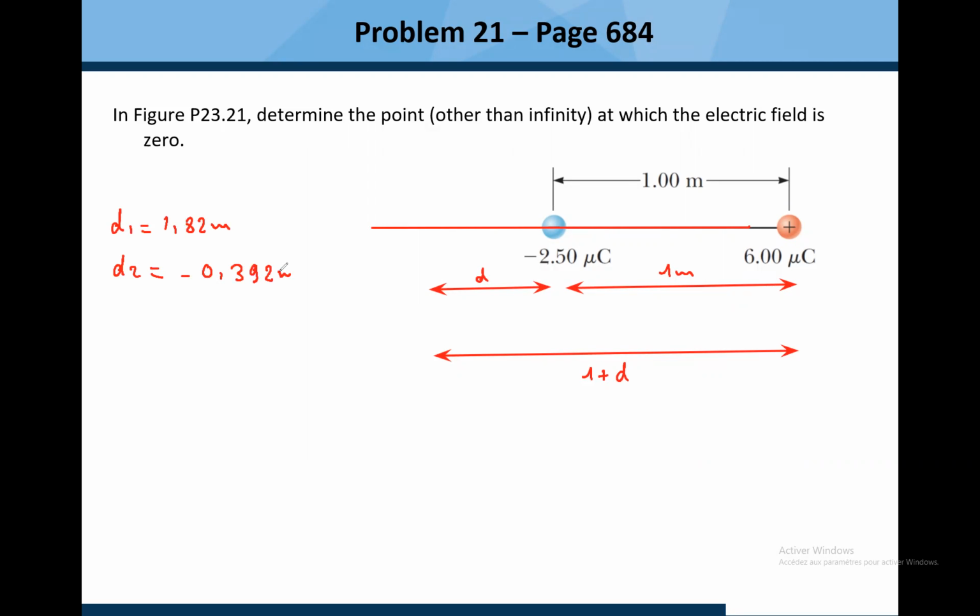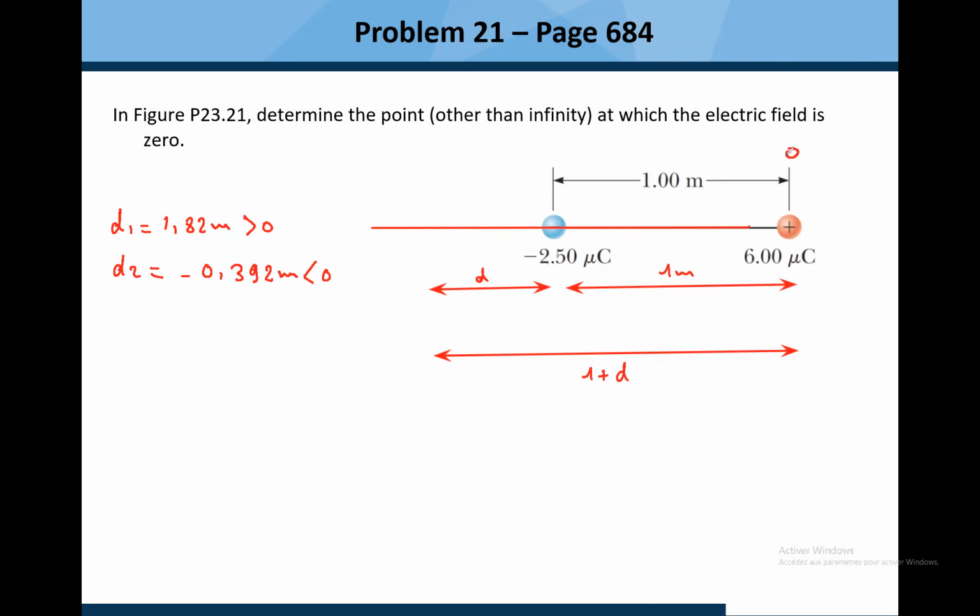Let's analyze these results about the region. We know before that this is an acceptable region. We can have zero electric field here. Here it's not acceptable. So if d is positive, we have the origin here, you will get 1 plus a positive value.